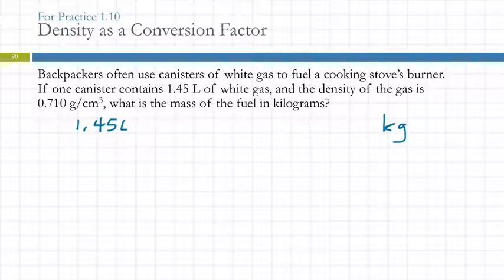Yeah. Gram and kilogram, those look like they kind of go together. So let's put gram here. We know we can go from grams to kilograms. This density relationship gives us the conversion between grams and cubic centimeters. So we can put cubic centimeters here. Sometimes it's easier to work backwards. Sometimes you have to work from both ends and hope you meet in the middle.